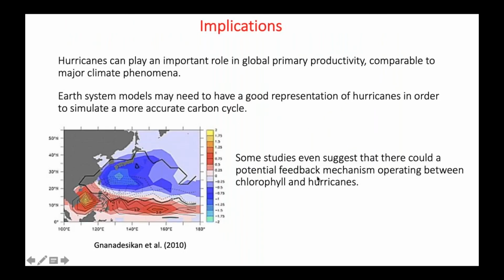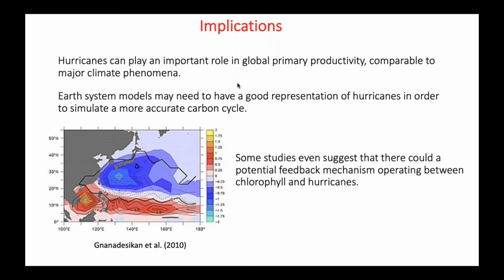Now, briefly to look at the implications of this, what this means is hurricanes can play an important role in global primary productivity, and their impact is comparable to some major climate phenomena such as the North Atlantic Oscillation.